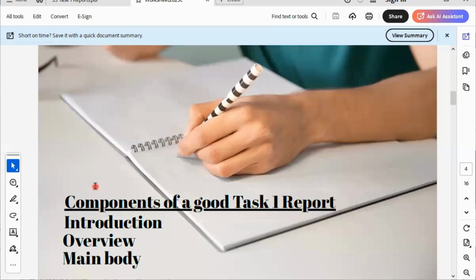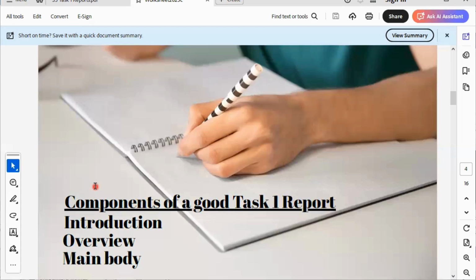If you remember what I taught you when we treated essay writing, we said that at the end of the essay there should be a paragraph for concluding your points. That's the conclusion. So the conclusion shows up at the end. But in this case, we are not writing a conclusion for our report, so we don't need one. The overview is doing the job of the conclusion. It gives us an overall picture of what the chart or the report is about. So that's the second part of your report.